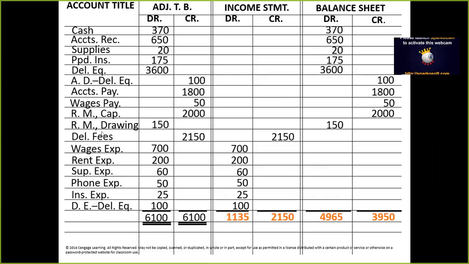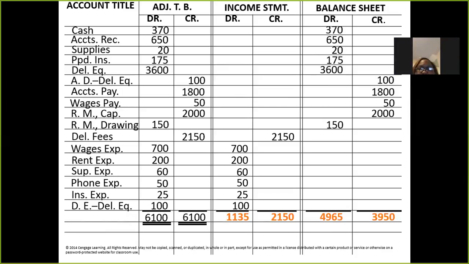The revenues and expenses will move to the income statement columns. So notice I didn't move everything to one place. The top half, which is assets, liabilities, drawing, and capital, all move to the balance sheet columns. The bottom half, which is revenues and expenses, all move to the income statement columns. Does that make sense?